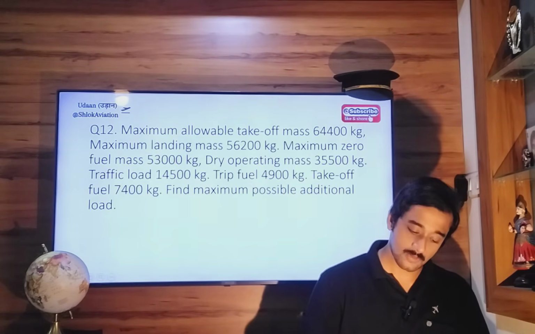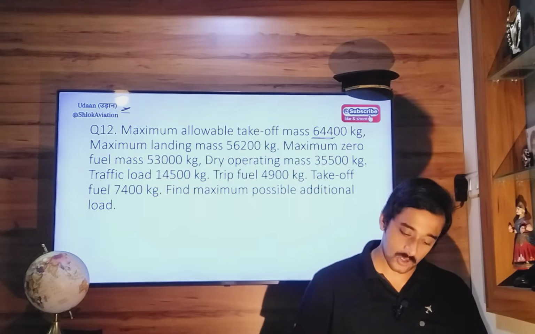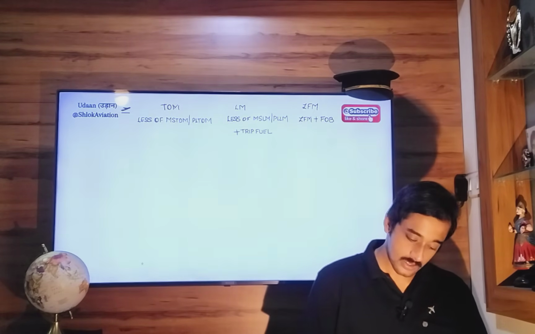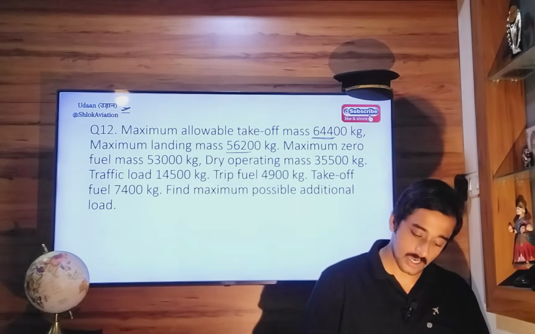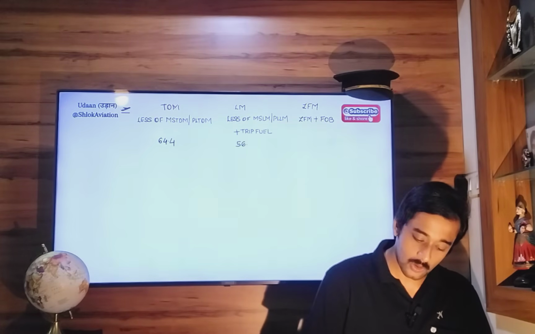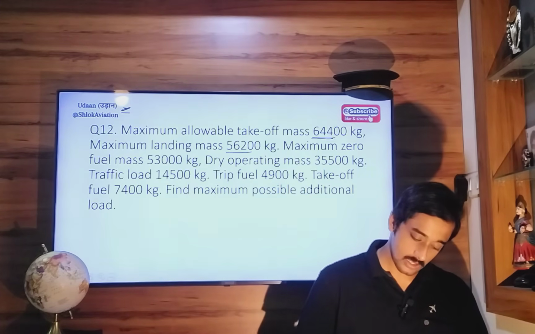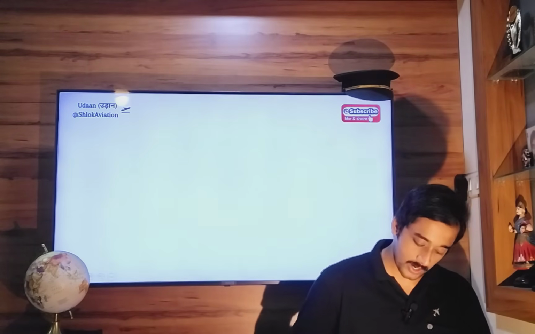So over here, maximum takeoff mass is given, performance takeoff mass isn't given. So which is 64,400. 64,400. Landing mass 56,200. So 56.2. Trip fuel is 4,900, which is 4.9.